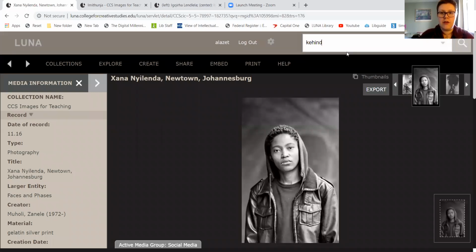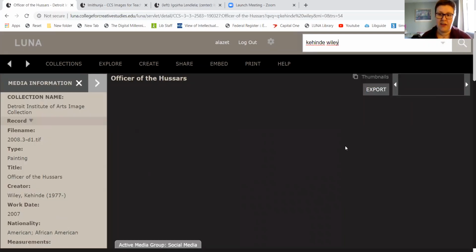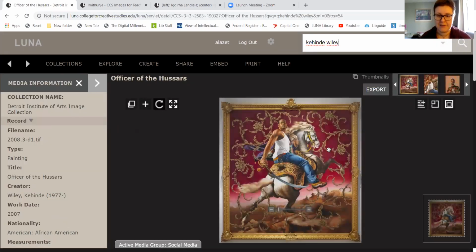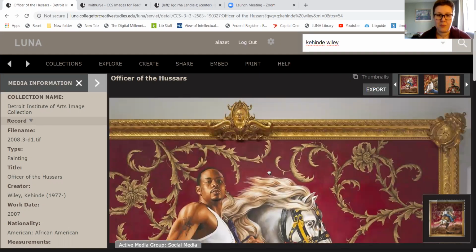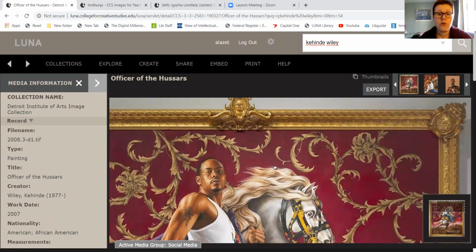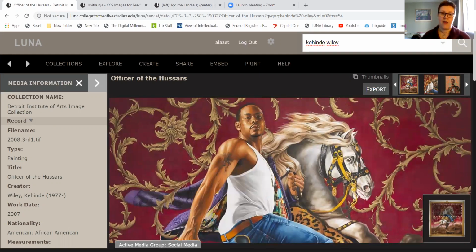So some of you are familiar with Kehinde Wiley. This is the piece that is in the DIA. Hopefully y'all had a chance to see it before the DIA was closed, but you can also go there once it reopens. And these are huge pieces, right? And so this is an example of identity, but also agency for these subjects.